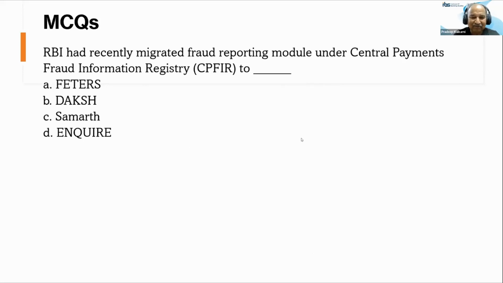Okay. CPFIR. So it is not Samarth, it is Daksh. The Janasamarth portal is altogether a different portal which deals with loans to some select segments under government sponsored schemes. Those loans can be applied for by people under the Janasamarth portal.